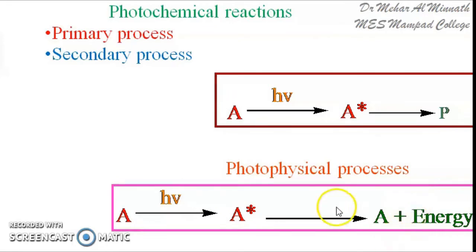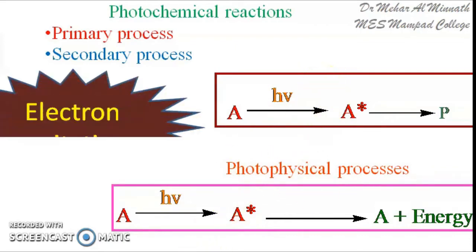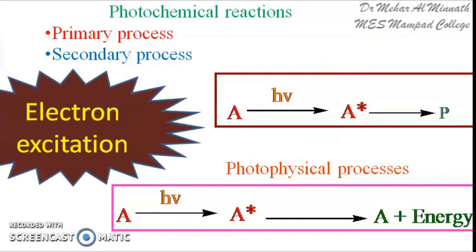So in a Jablonski diagram, we intend to depict what happens when a molecule absorbs light, goes to the excited state, and then what happens. When we say the molecule is getting excited, it's actually the electrons in the molecule which are getting excited. So it's nothing but electron excitation.